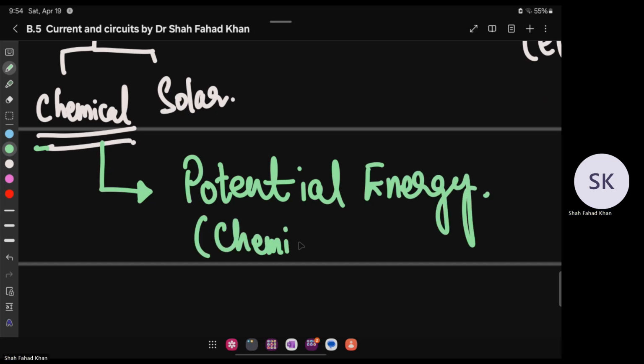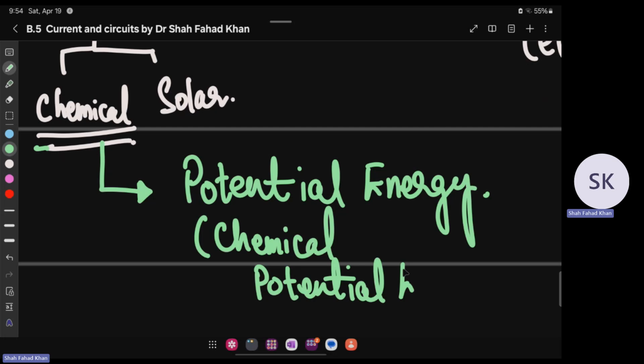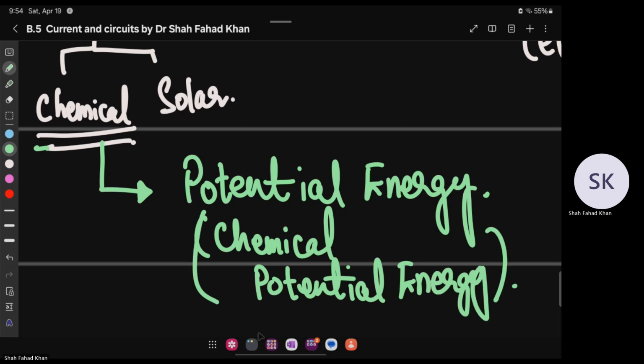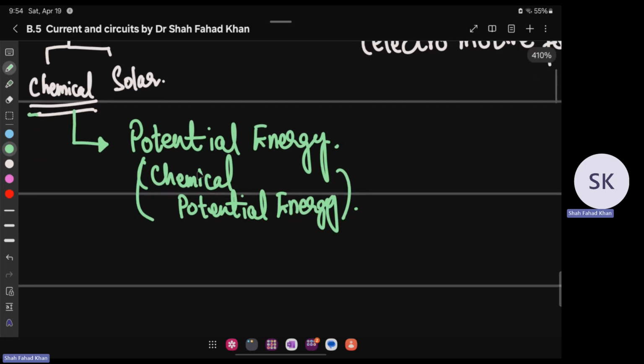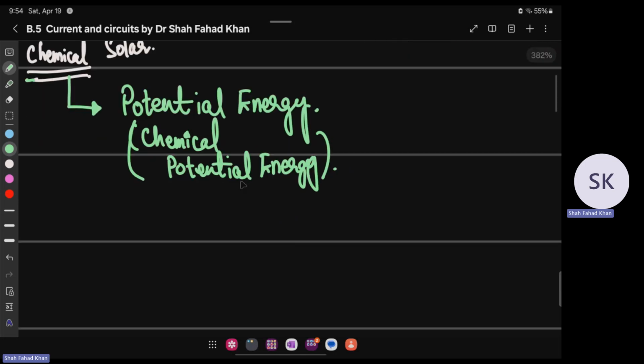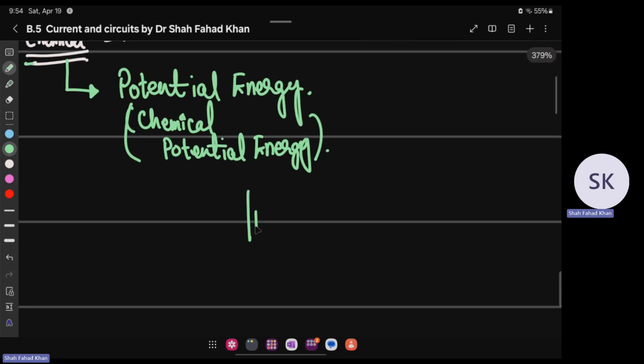Now this chemical potential energy is stored in the cell. The symbol to represent a cell is a big line and a small line. The big line represents the positive terminal, the small line represents the negative terminal.